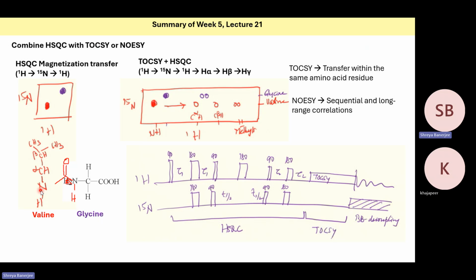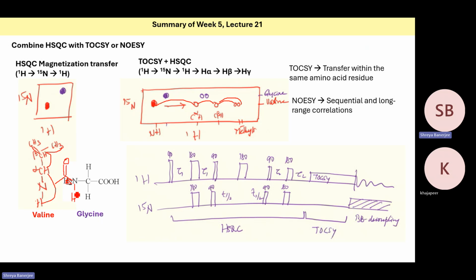From the amide hydrogen of valine, it will transfer to the C alpha. From C alpha, it will go to C beta. From C beta, it will go to both the C gammas. So you can see this transfer is amide H to C alpha to C beta to both the C gammas. So you are observing the TOCSY peaks as well.